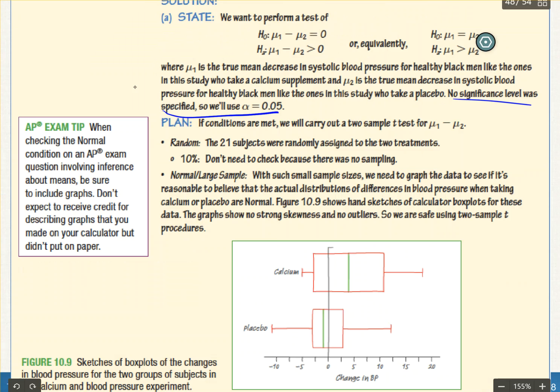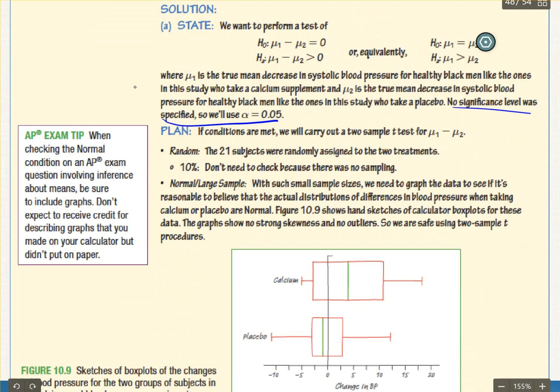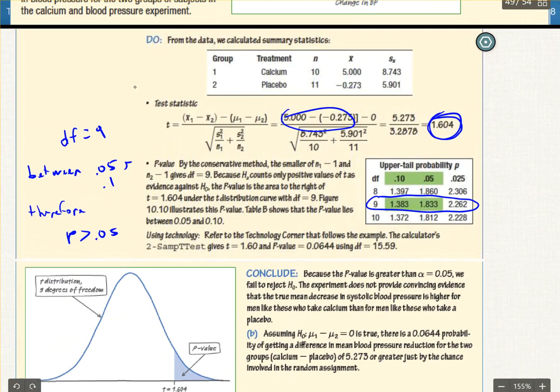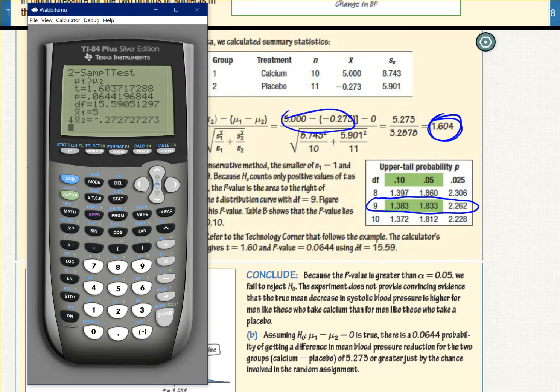Part B, interpret the p-value you got in part A in the context of this experiment. So I would basically just say that, let's see here, what did we get for our value there? 0.0644.